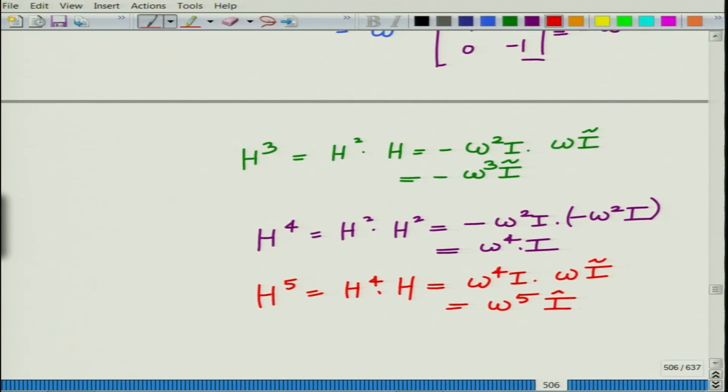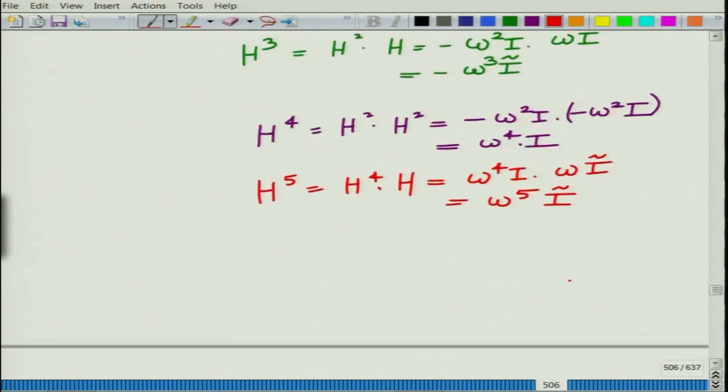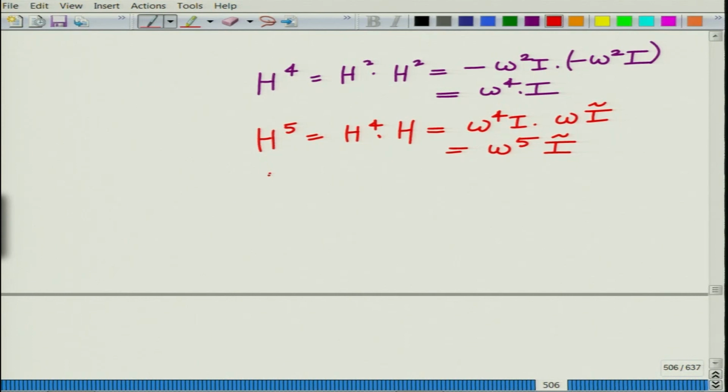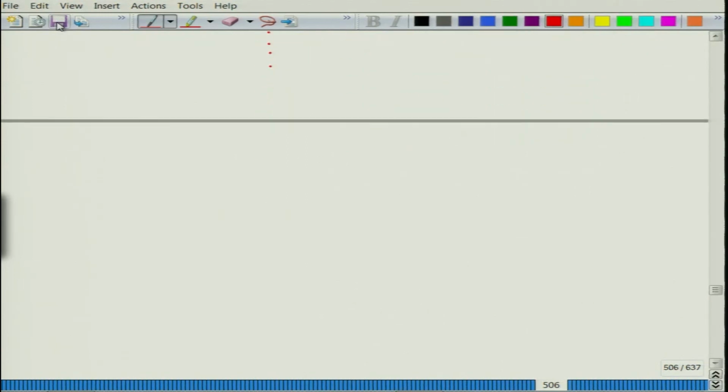This is omega raised to the 5 times I tilde, and so on and so forth. I can compute any arbitrary h raised to the power of n.